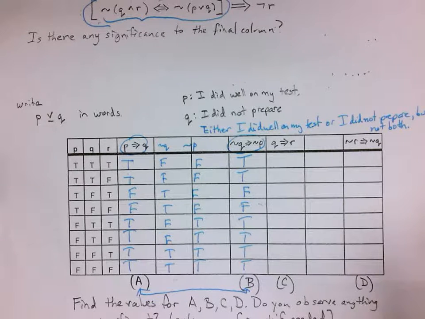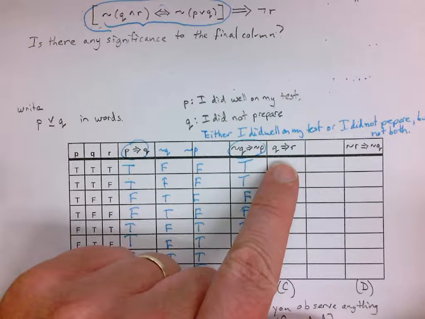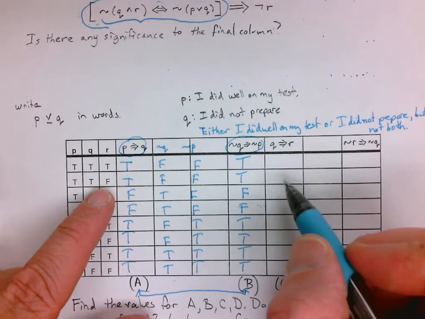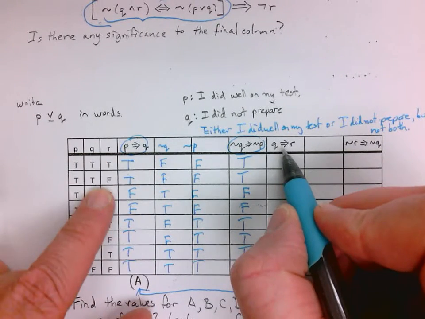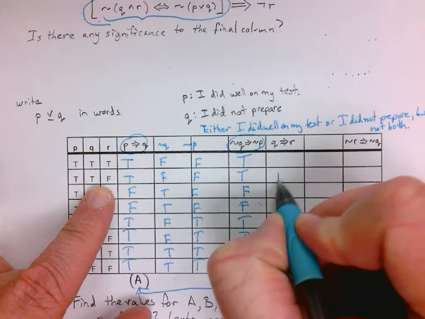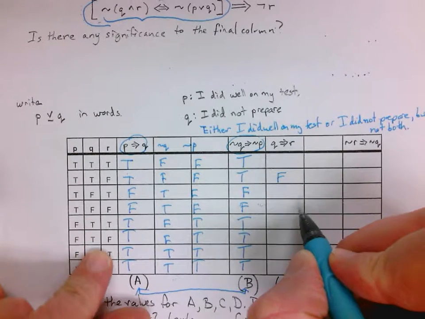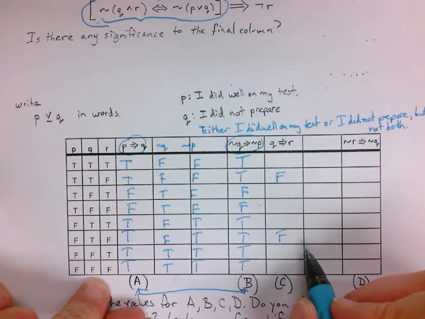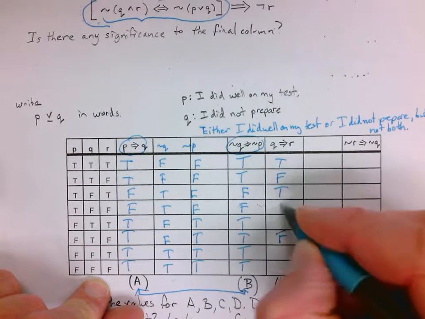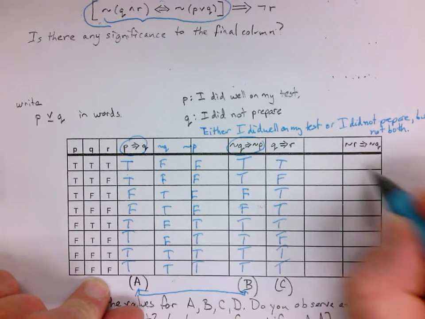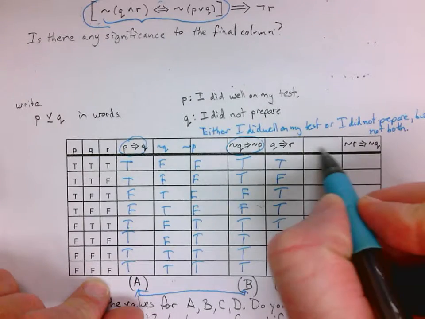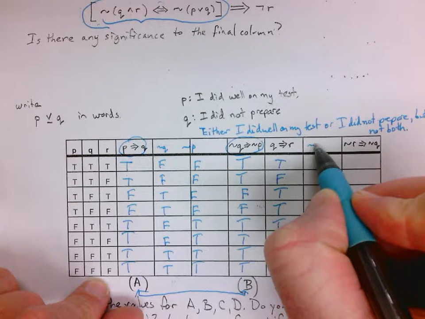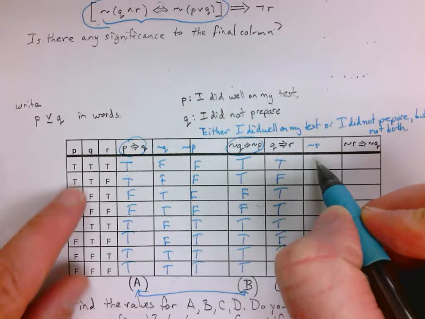So let's look at the converse and inverse statements. So Q implies R. Looking at these two columns. It's false when true followed by false, otherwise it's true. And then not R implies not Q, so this is the contrapositive again. I'm going to get me a not R over here. False, true, false.